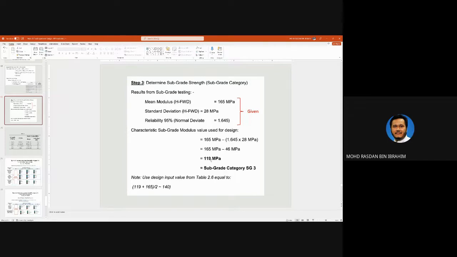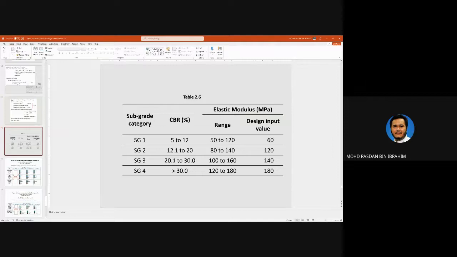Okay, 119 MPa, you should not jump to conclusion on the subgrade category. You need to take this value and add 165, which is the mean of the FWD results here, and divide by 2. This plus this divided by 2, you will get more or less 140 MPa. Using this 140 MPa, then you can conclude that it is SG3.